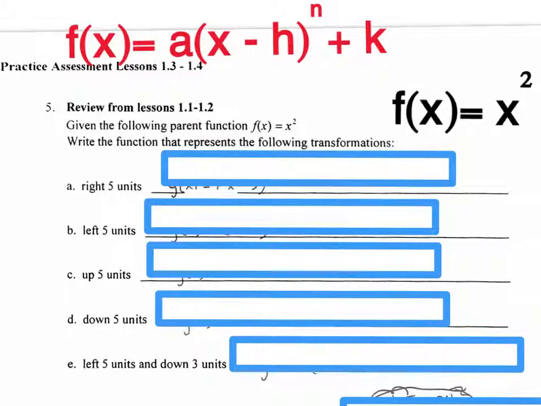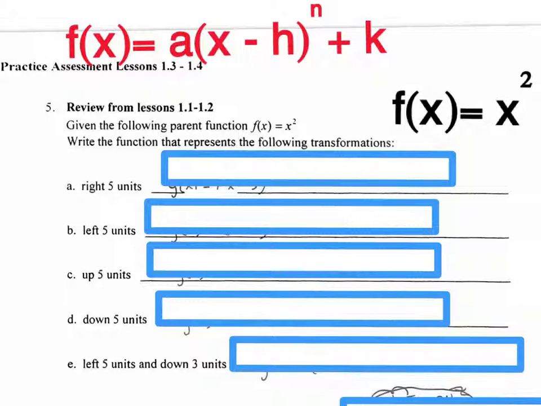Okay. So anyway, let's move on to 5A. It says move it to the right 5 units. So if you're moving to the right 5 units, you know that you need to look at your H value. And the H value to the right 5 units means that it's positive 5, but when you write it in here, it's going to have a minus in front of it. You got to think opposite.